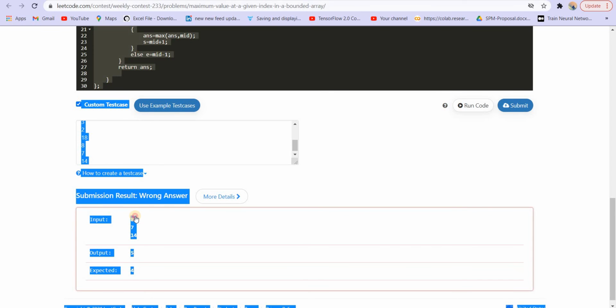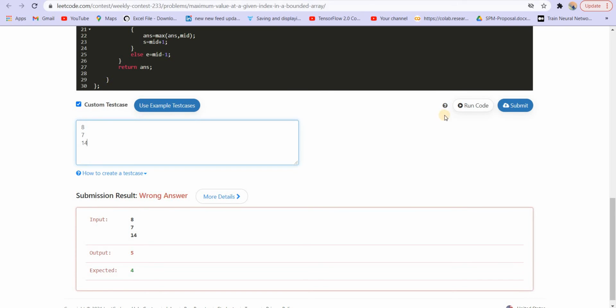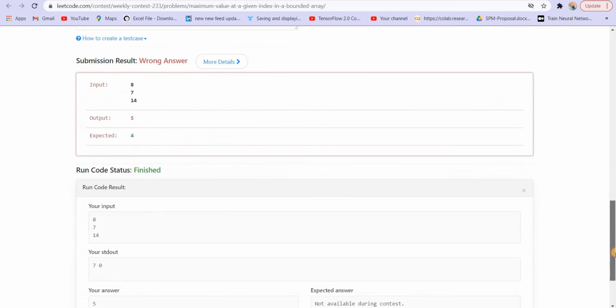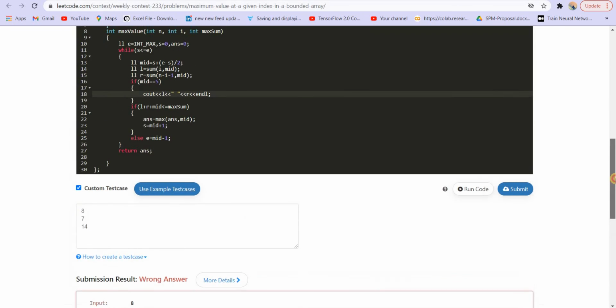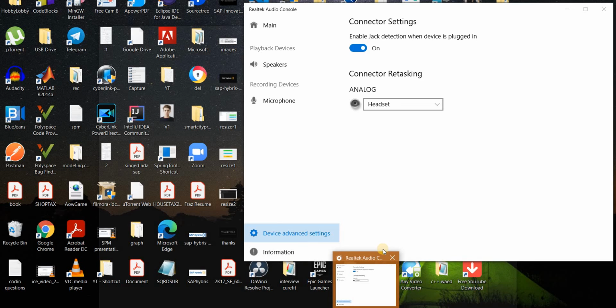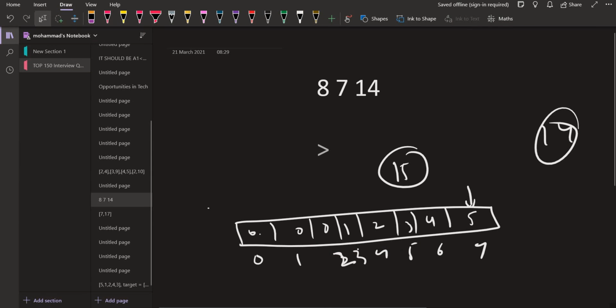Okay, seven and 0. So it is not giving me correct summation.